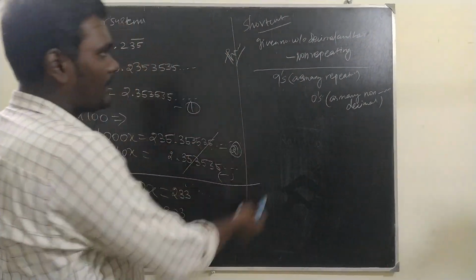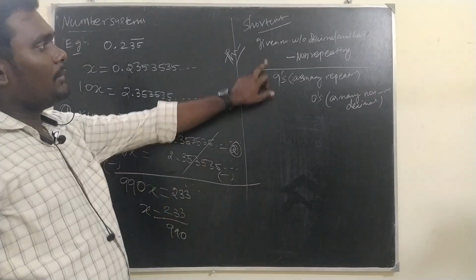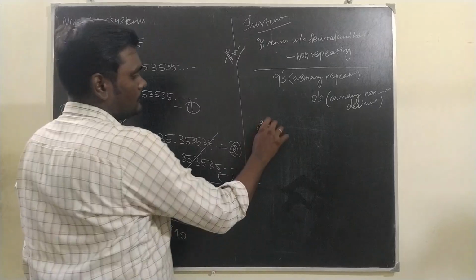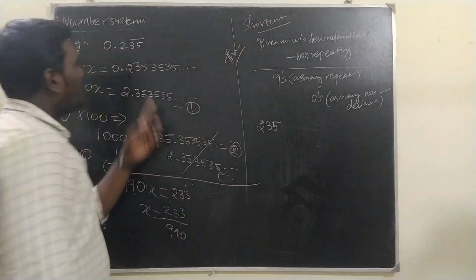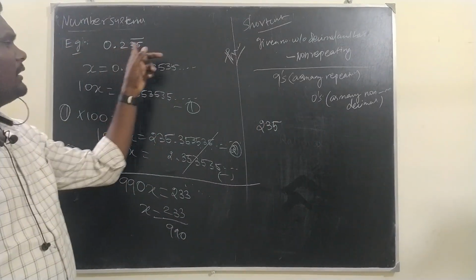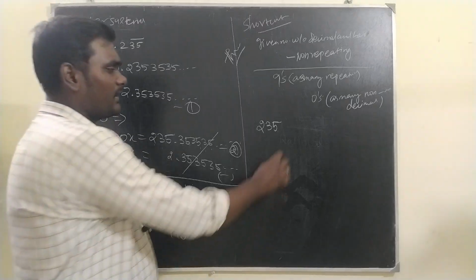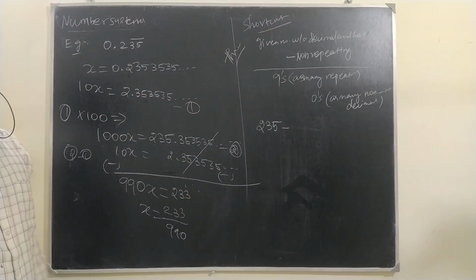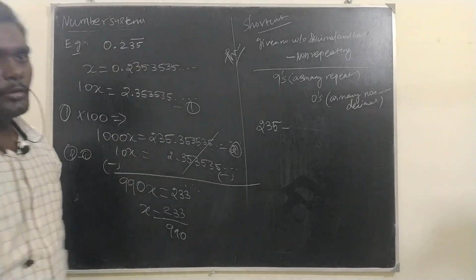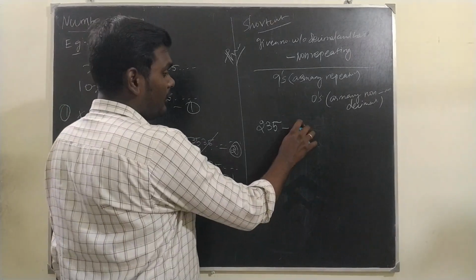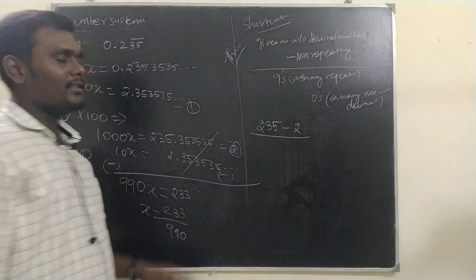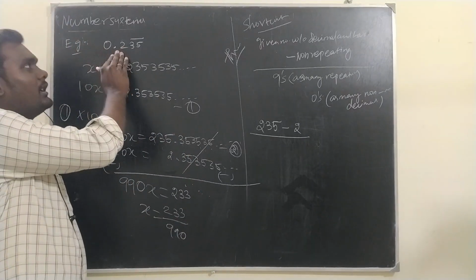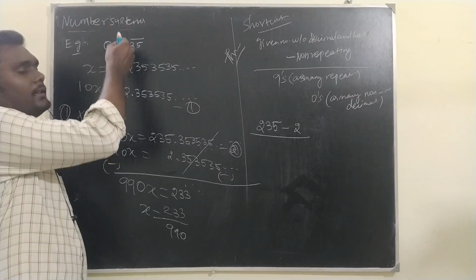Now take this example. The given number without decimal and bar is 235. Minus the non-repeating part. Which part is not repeating? 2 alone. Actually it is 0.2, but 0 has no effect, so I am not putting it. We put the full number from the beginning, non-repeating until the repeating.